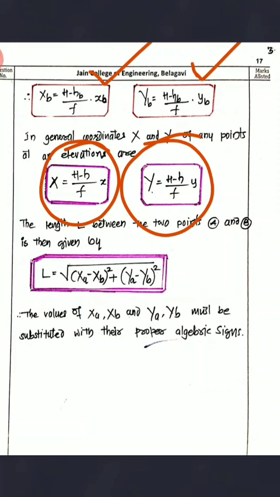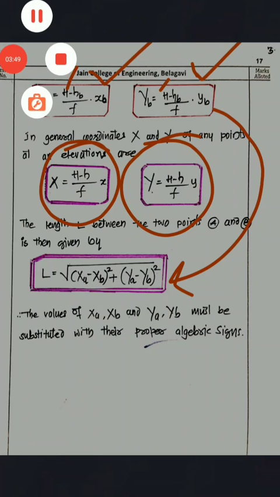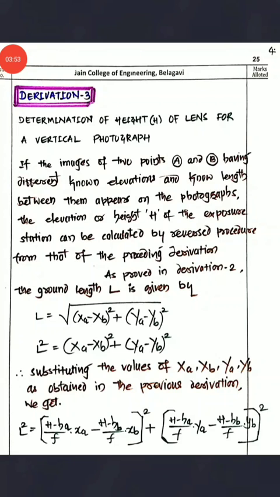Now if you put these values in this equation, you are going to get H, because in all these values you will have H. H is a common term, so you are supposed to put it there to get the height. Now here I'll be adding those values.